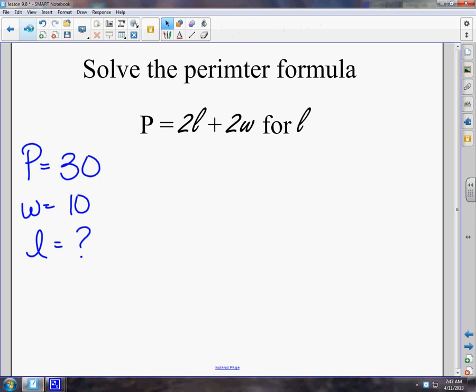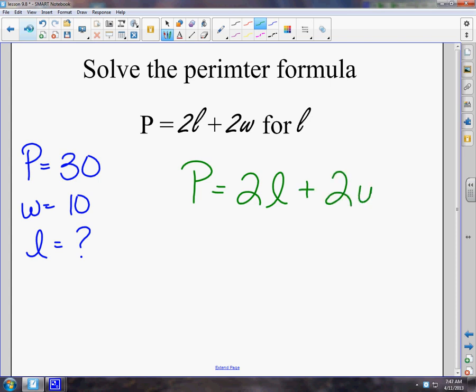So what they're asking you to do is take this equation, P equals 2L plus 2W, and solve for L. First step, draw a line down the equation. Next step, I want to look for an addition or subtraction sign. There is an addition sign right here. So I'm going to subtract 2W from both sides.